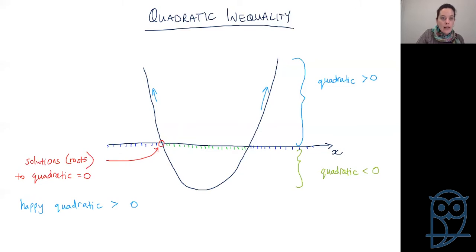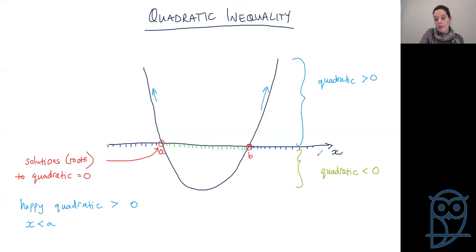Let us put that little red one back. And we shall give our red ones names: let's call this one A and this one B. So these are the values of x where we equaled 0 when we solved that equation. When we have a happy quadratic greater than 0, any x value that is less than A, all of these blue ones here, would give us a positive output.